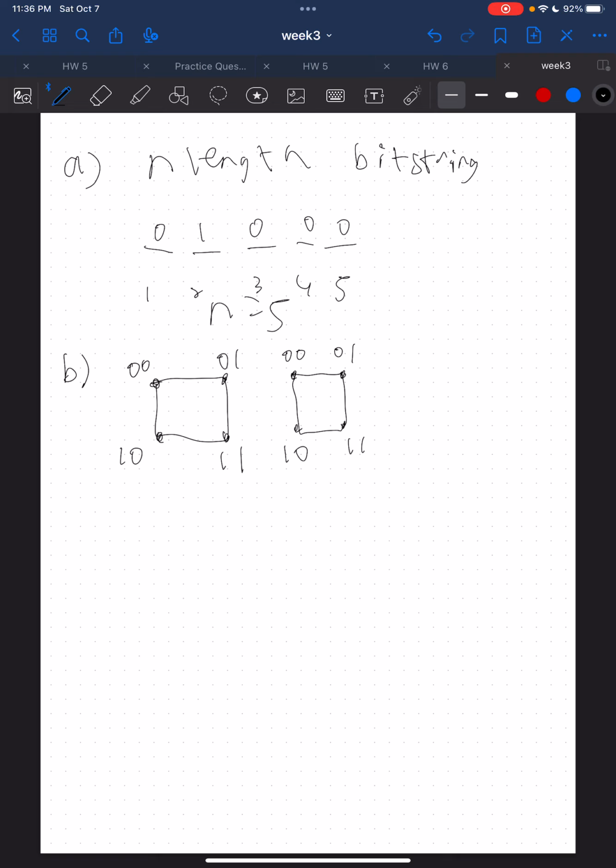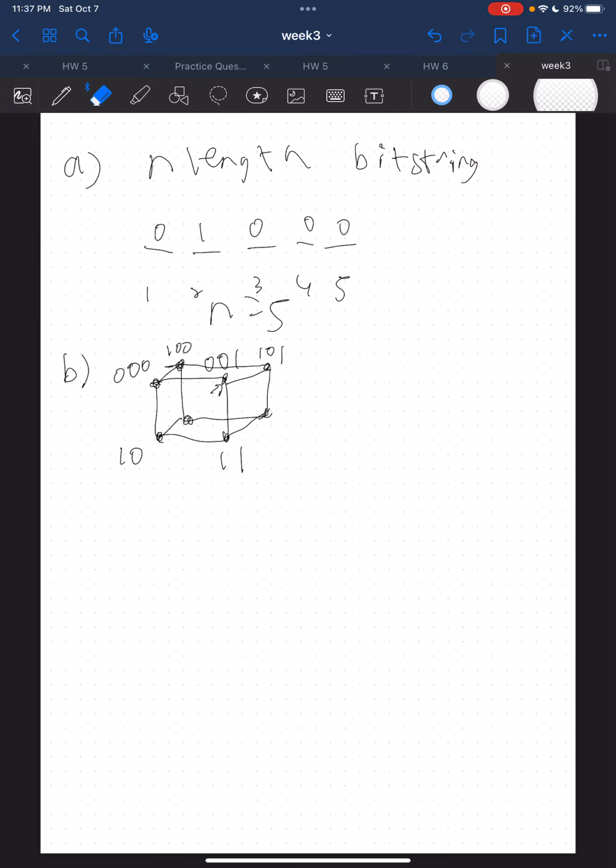So maybe I want to redraw this. You would connect them, and then, for example, this point here would be 0, 0, 1, and this point here would be 1, 0, 1, and then this will be 1, 0, 0, and this will be 0, 0, 0. So the first copy would have zeros at the front, and for the second copy you would add a 1 at the front. And that's how you go up in dimensions for hypercubes.